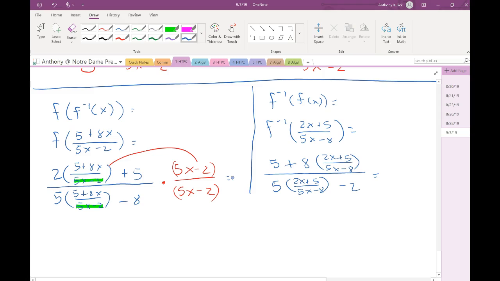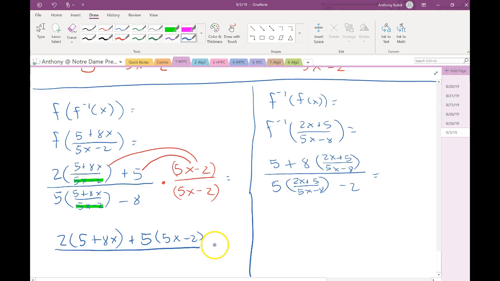When I multiply to the first piece in the numerator, the 5x minus 2 in the denominator cancels with the 5x minus 2 I'm multiplying in, and I'm left with just 2 times 5 plus 8x. But I also still have to multiply it to the 5. And I'll do the same thing in the denominator.